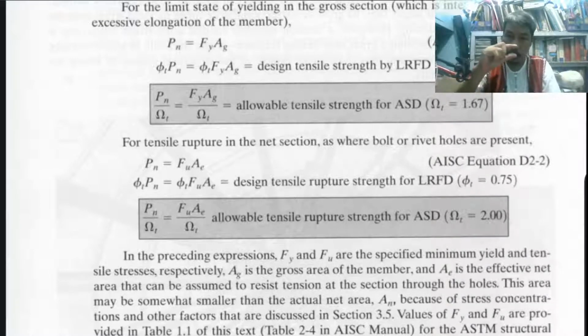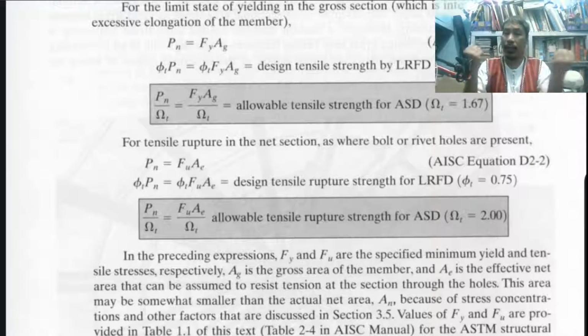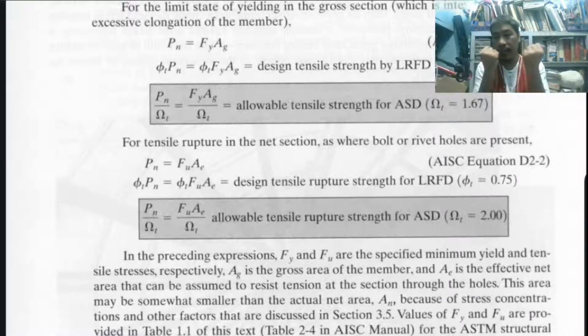They are very close to each other, but still we are going to use the minimum. And the tensile stress is actually the ultimate tensile stress. That is the reading of the testing equipment when we are testing the tensile strength of the material, the reading after it reached the maximum point.